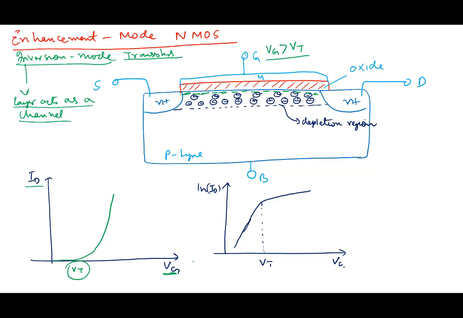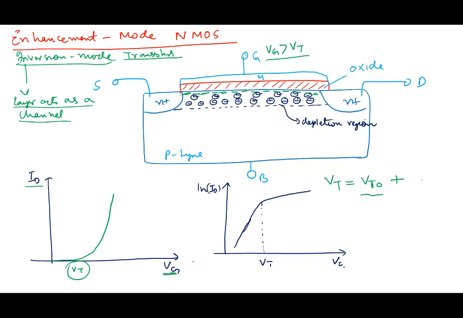One important point to remember is that VT is normally a constant. VT0 depends on several factors: it depends on doping, on the nature of the metal, on the oxide, all kinds of things. But VT can also be controlled by applying a body bias.